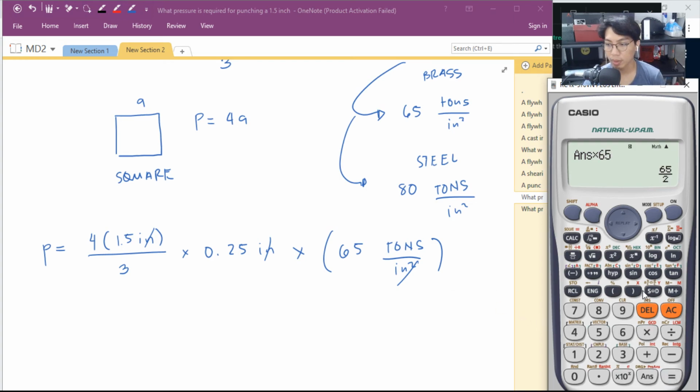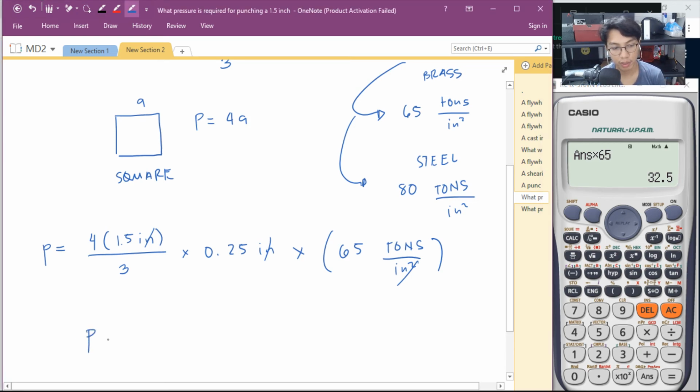Ayun. That is 32.5 ang kanyang pressure of punching. That is 32.5 tons.